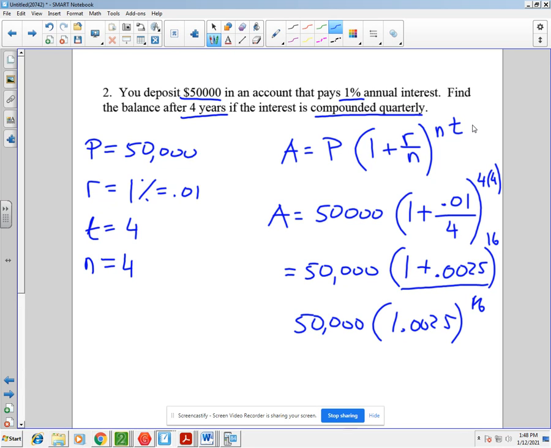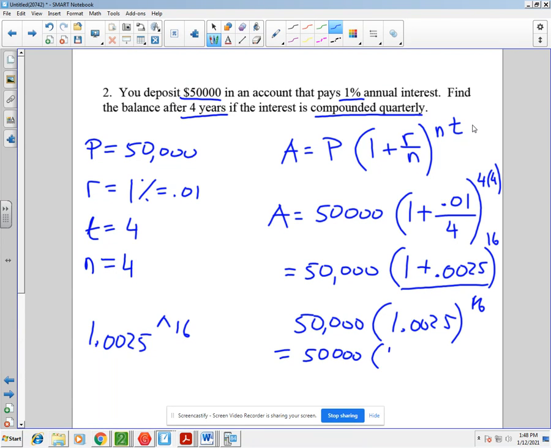So you have to use a calculator. So using your calculator, you have to do 1.0025 raised to the 16th power. And if you do it, you should get 1.04075 and so on.